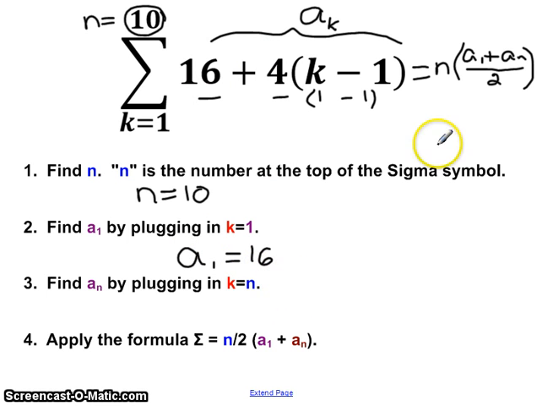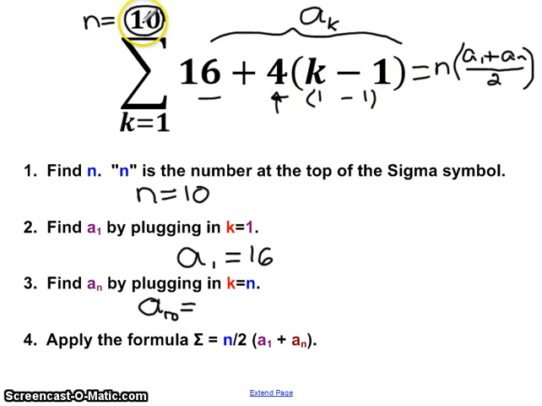And then the last thing I need is the last term in the sequence, which is a sub n, which is a sub 10 in this case. And how do I get that? I'm going to get that by plugging in k equals n. Okay? I don't even have to really know what my d is because, at least in this formula, it's already there. All I have to do is plug in k into this formula.